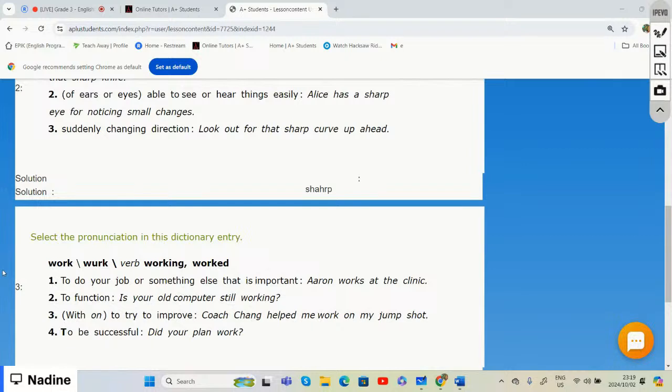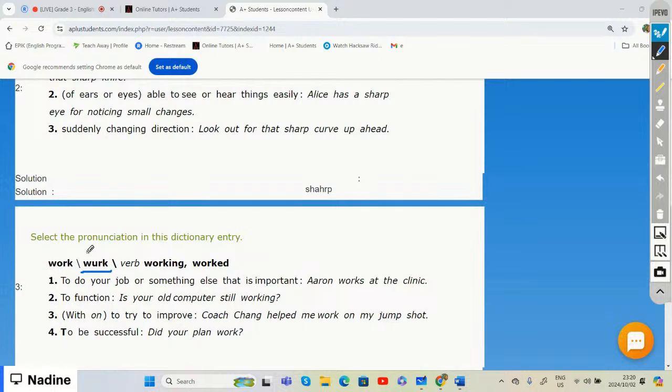And there are four meanings of the word work. If we were to select the pronunciation of that word, then we would select this as the pronunciation. It's how we say it.